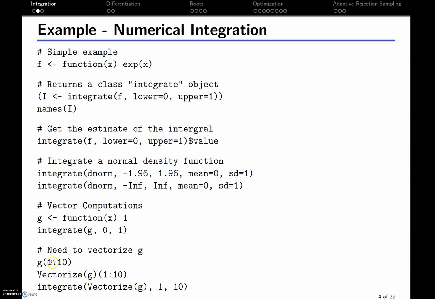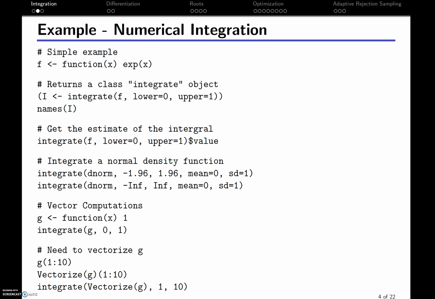So if we just do this, we get back 1. It's not really what we want, especially if we're thinking of g as being like a continuous uniform distribution or something. If we vectorize g, then this command will give you a list of 10 ones because it's saying, I want to evaluate it at x equal 1, x equal 2, on up to x equal 10. And you get back 1 each time because that's always the result of that function g.